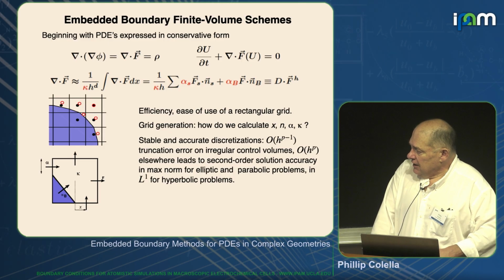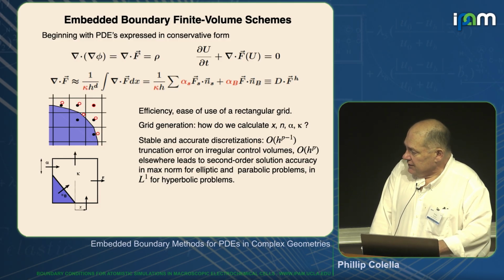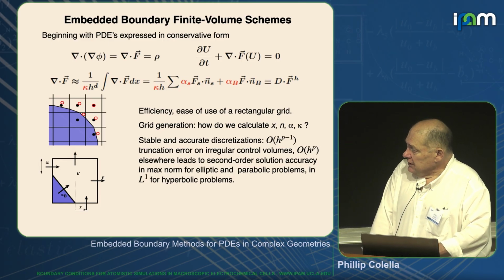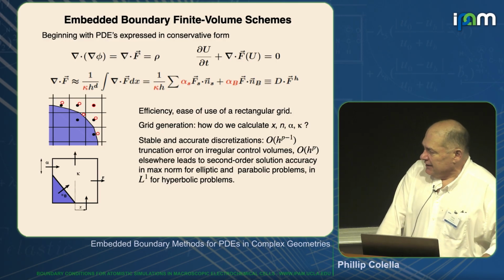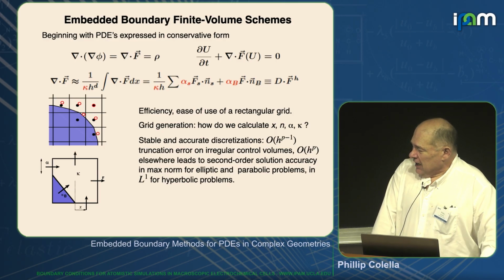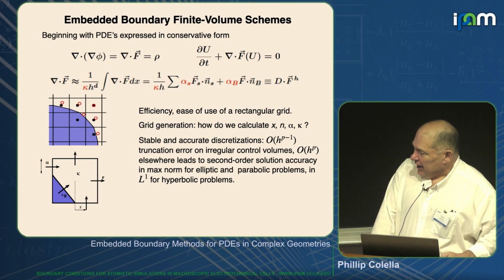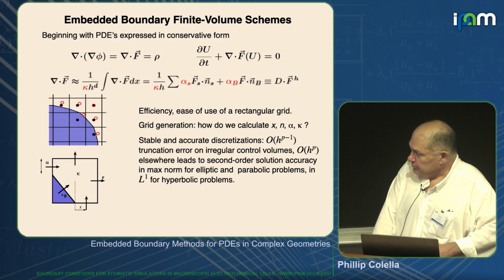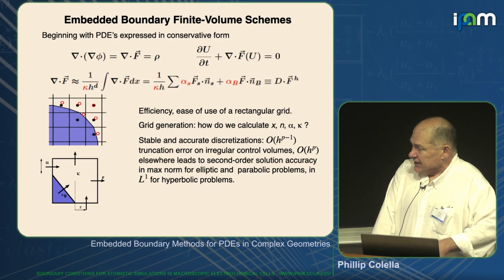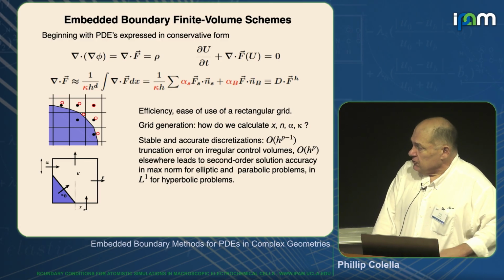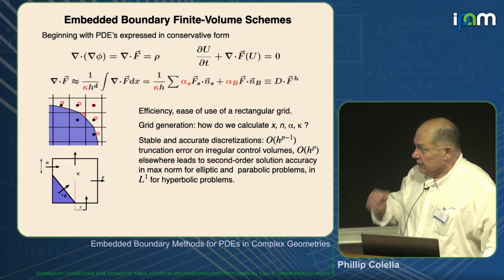Now the exterior of this blue region here is the computational domain, and I'm going to have irregular control volumes. They're indicated by the black dots or the red circles. You think of the black dots as labeling the Cartesian cells that these things came from, and the open red circles are the centroids of those regions.